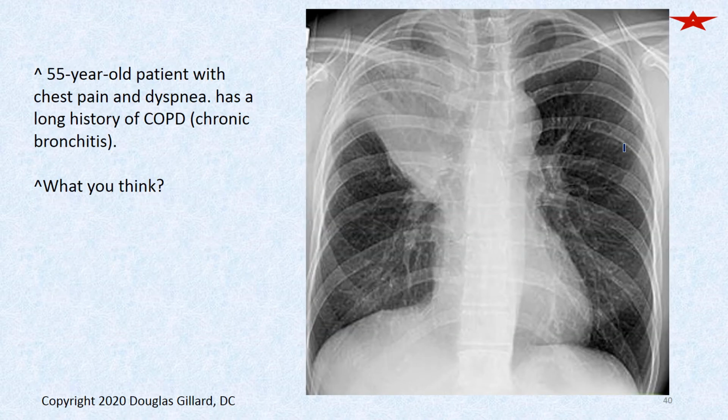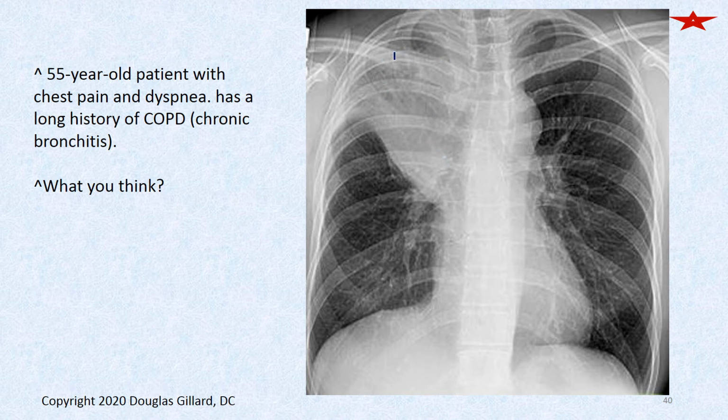Okay, a 55-year-old with chest pain and dyspnea has a long history of COPD. What do you think of this? Well, this ain't good, is it? First of all, we have too much heart tissue over here. We have the hemidiaphragm way too high, right? Whoa, where's the right upper lobe of the lung?